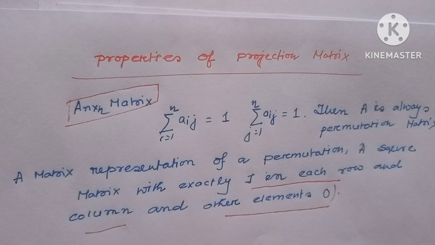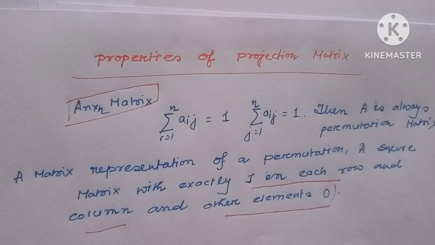When each row contains exactly 1, and each column also contains exactly 1, and other elements in this matrix are 0, then this type of matrix is called a permutation matrix.